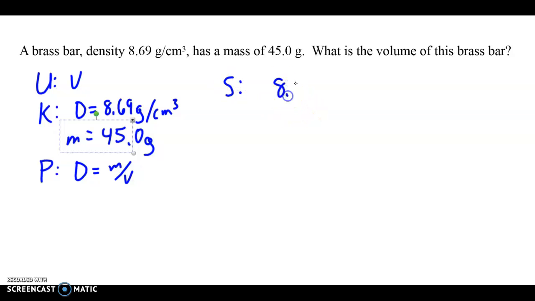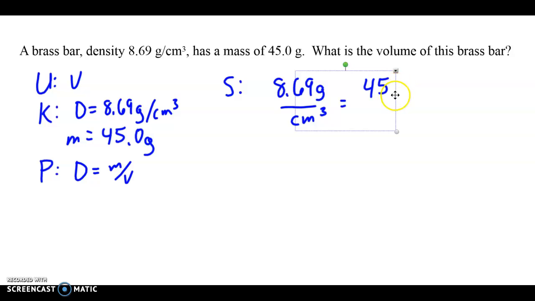So 8.69 grams per centimeter cubed, and that's going to be equal to 45 divided by the unknown volume.